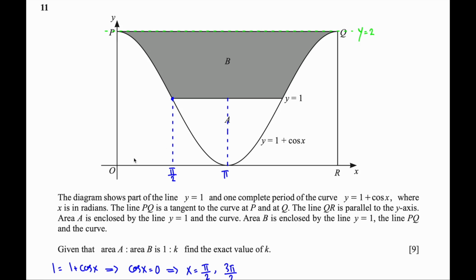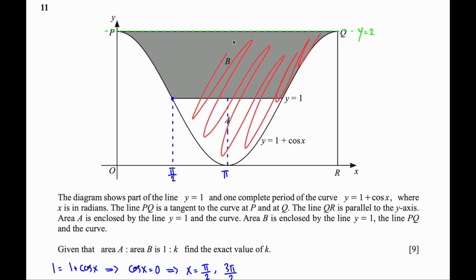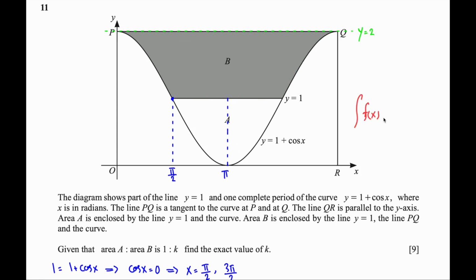However, the method that I'm using here is, first of all, I'm gonna find the area of the region A, and then I'm gonna subtract it from the whole region here. The integration of f of x minus g of x, where f of x is the upper curve or line and g of x is the bottom one.